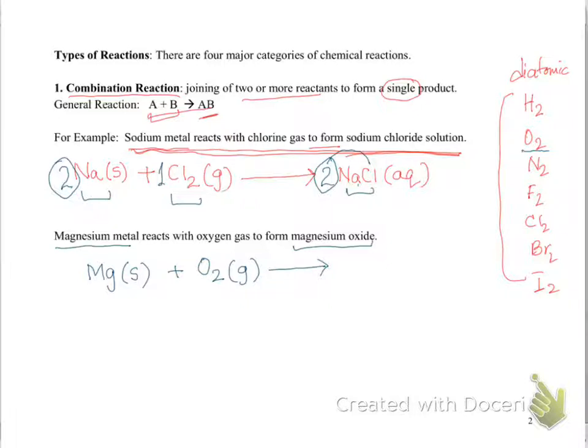Do not look on the left side to write down the formula for magnesium oxide. Go back to chapter 3. Magnesium oxide is made up of magnesium and oxygen. Magnesium is in second A group, has 2 plus charge. Oxygen 6th A group has 2 negative charge. 2 plus cancels with 2 negative, so it is MgO.